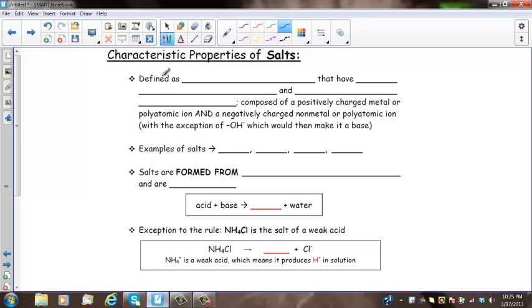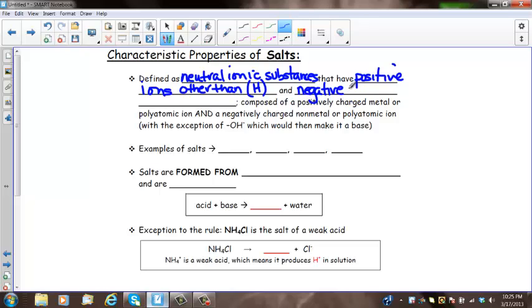They are defined as neutral ionic substances that have positive ions other than hydrogen and negative ions other than hydroxide.